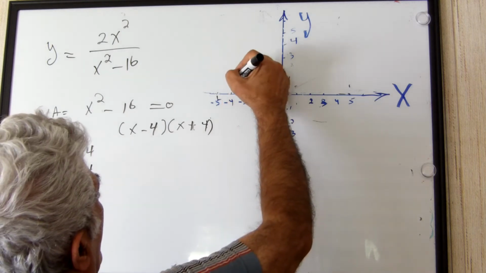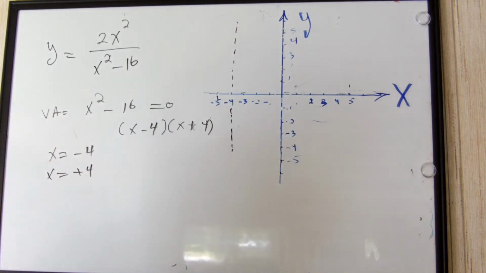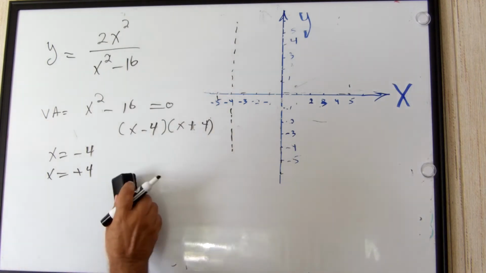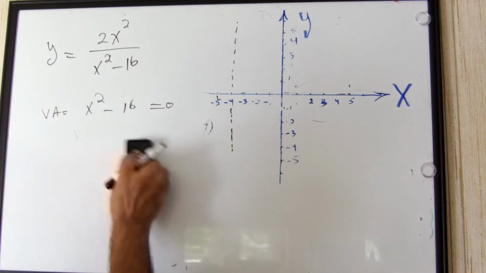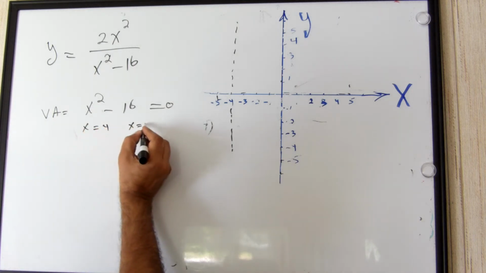That's the vertical asymptote. You find x is equal to 4 and x is equal to minus 4.